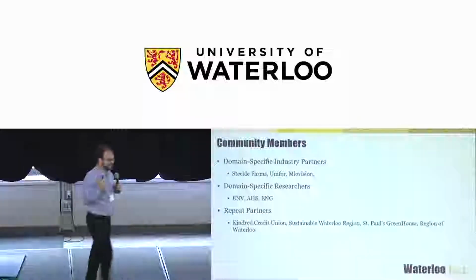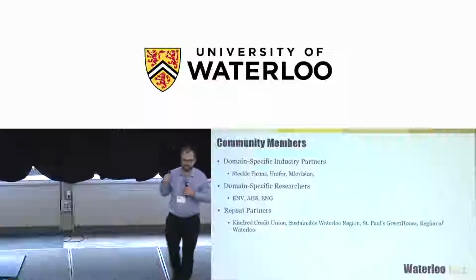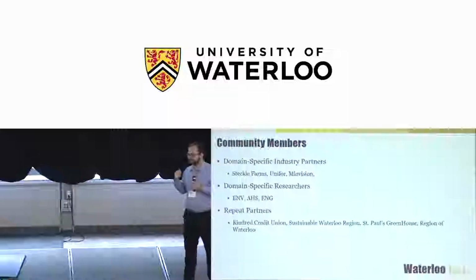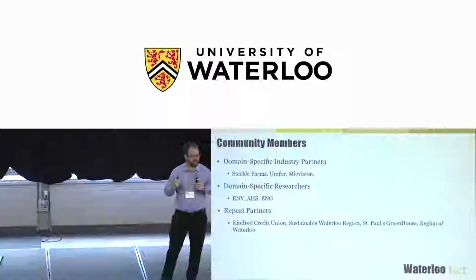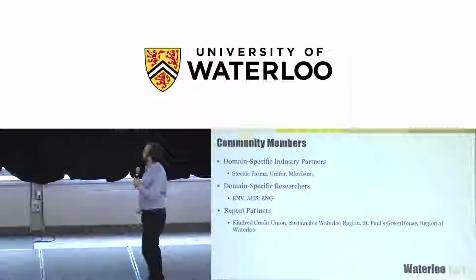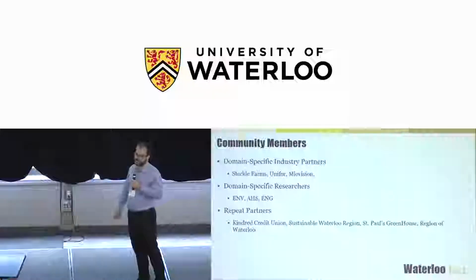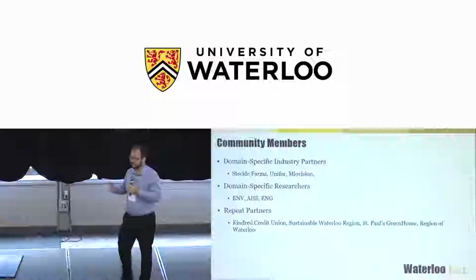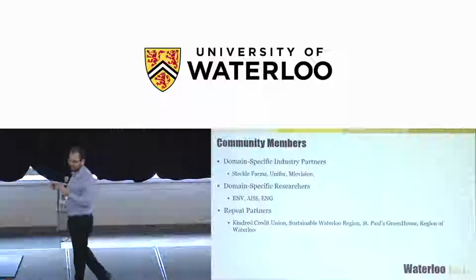And then finally, we've had some people who came in early on who keep repeating. Often it's because they have a relatively broad mandate. So Sustainable Waterloo Region is there for anything that's local and sustainability oriented.